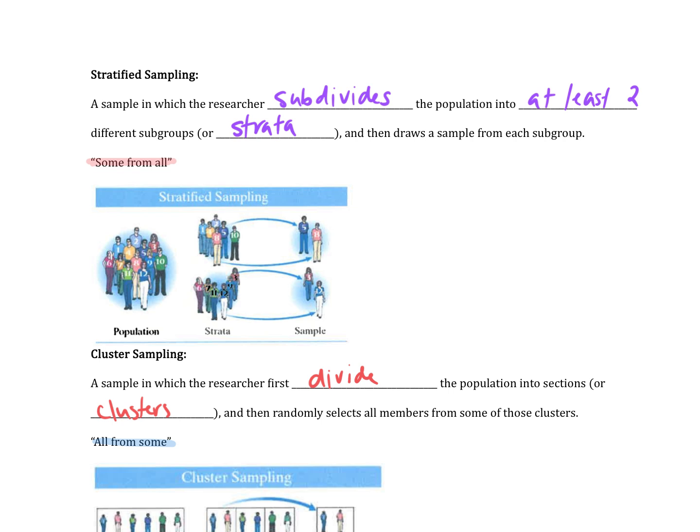That is a cluster. So make sure you understand the difference between stratified and cluster. The initial idea is the same, which is put them in different groups, but then how you collect the sample is different. One is you pick a few from each group. The other is you just select 1 or more groups, depending on how many you have.